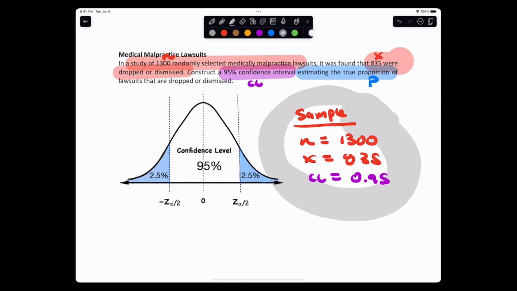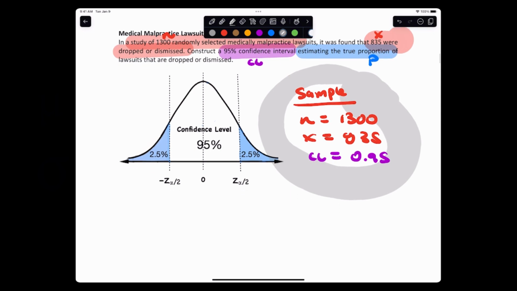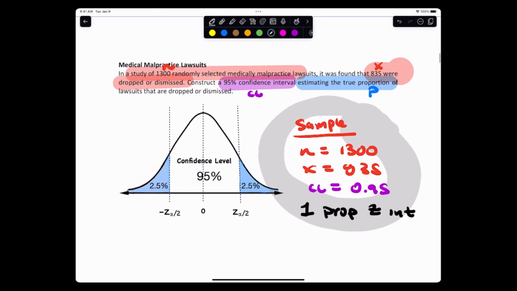This is a Z distribution. I recommend you even memorize one proportion Z interval. Write that down because that helps you remember what to use in the TI. This is a memorization technique. Write things down so you can memorize things.